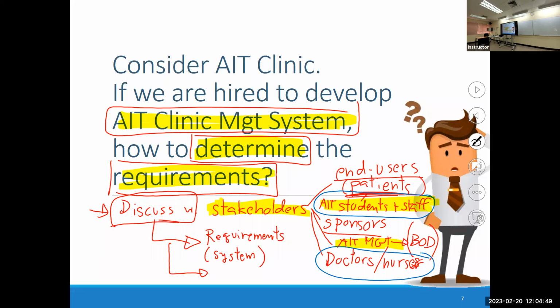Suggestion about? Feedback on. Okay, but if I ask you, what are the requirements of this system that you as a student want in terms of functionality? She said one function, making an appointment. What other function would you as a student, as a user, want?